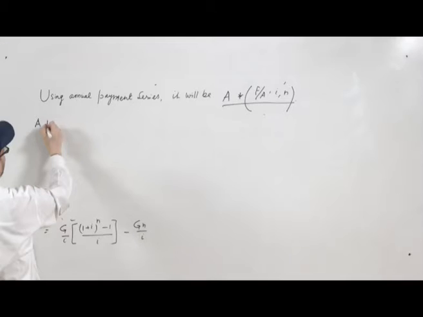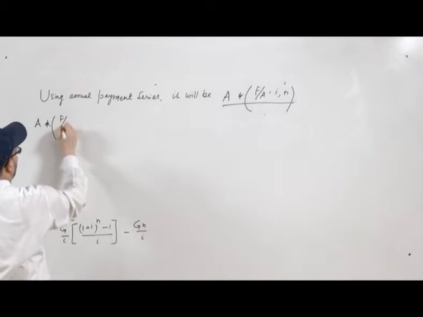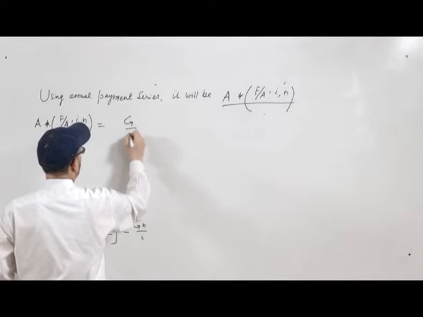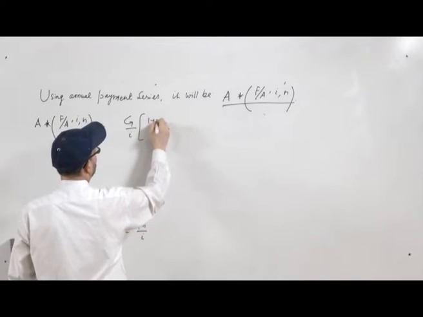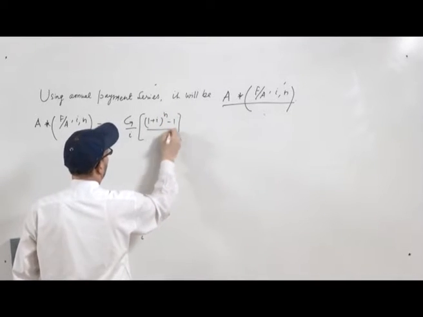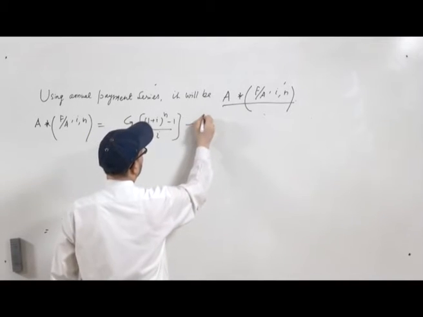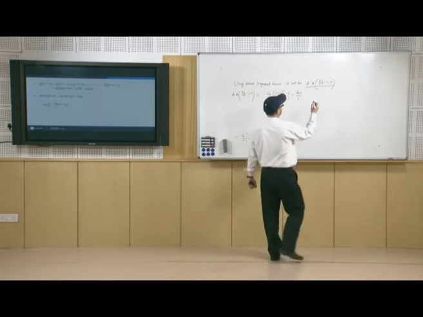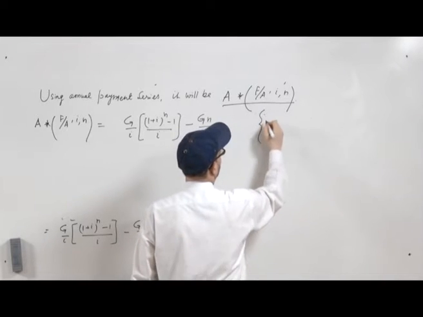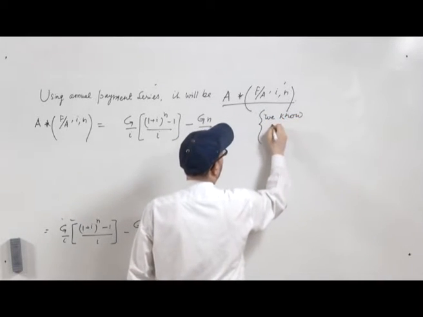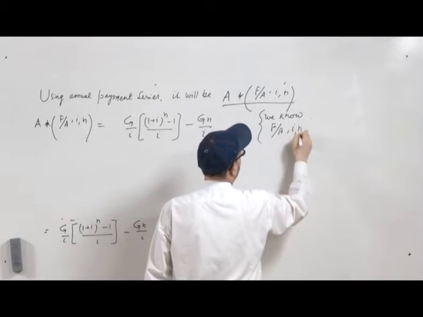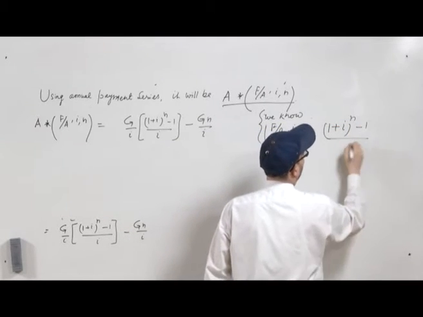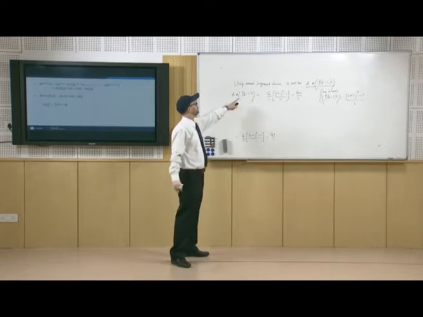A into this factor f by a I n will be equal to g by I times (1 plus I) to the n minus 1 upon I, minus g n by I. As we know, f by a I n, this factor is nothing but (1 plus I) raised to the power n minus 1 upon I. So, we will put this factor here.